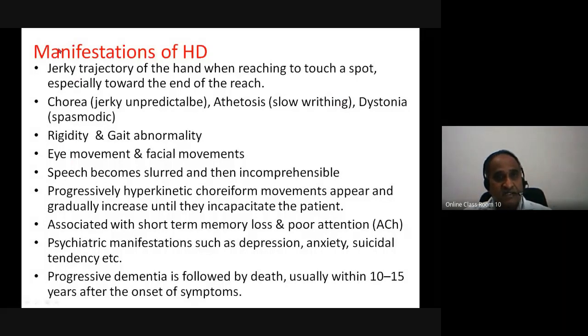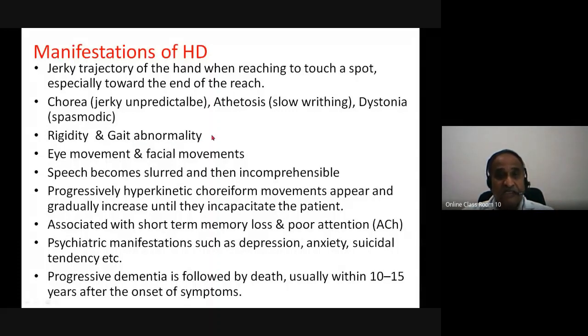In addition, Huntington disease manifests as rigidity, and because of the rigidity there is a gait abnormality. The person walking suddenly throws himself and his limbs, and he may fall down, or he may not have the proper normal gait of an individual.